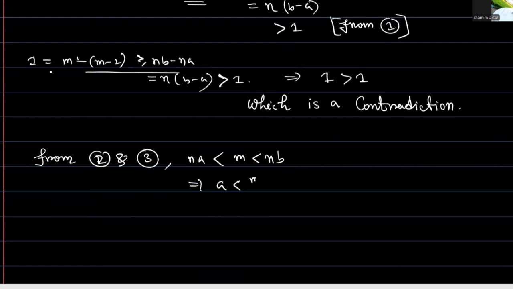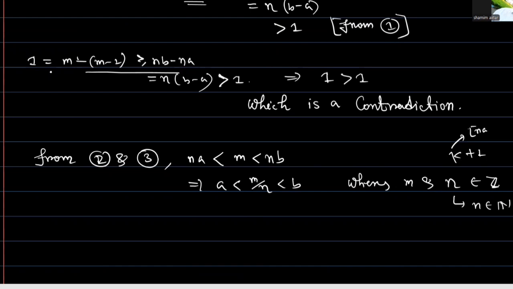So we have A less than m by n less than B. Here m and n are integers; n is a natural number, and m is k plus 1, where k is the greatest integer of nA, which is always an integer. The sum of integers is an integer, so m is always an integer and n is a natural number, so this quantity m by n is rational. Hence the proof.